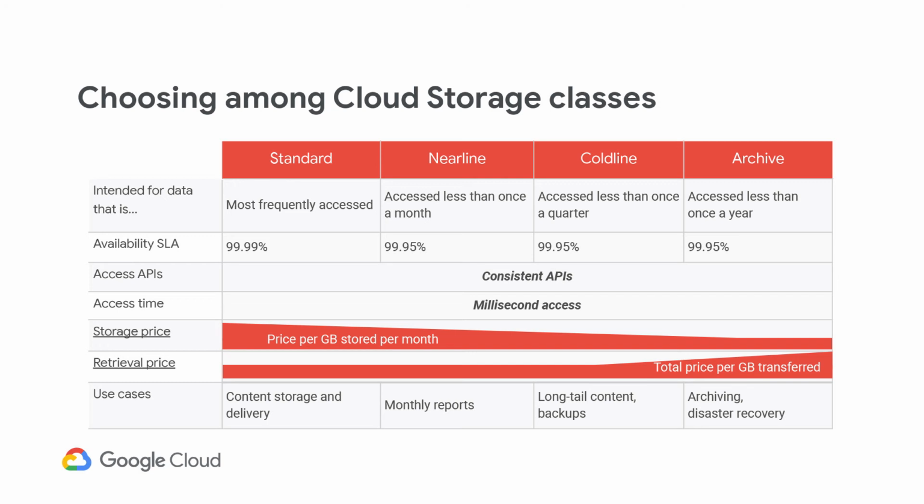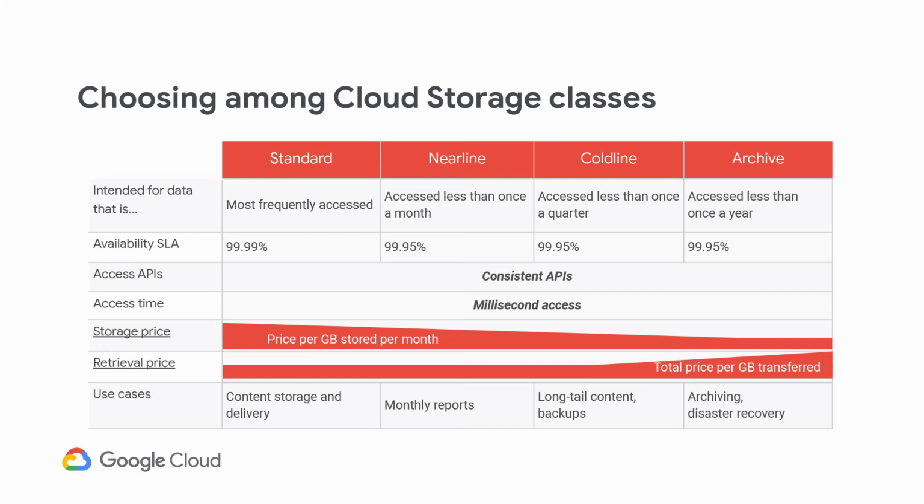Now you see the curve is going down all the way for the storage price, all the way to archive, and the retrieval price increases all the way to archive. Archive is designed for disaster recovery, something that hopefully you are less likely to use, but if it happens that you need it, then the retrieval cost will be quite high. On the other side, the actual saving and storing cost is the least.